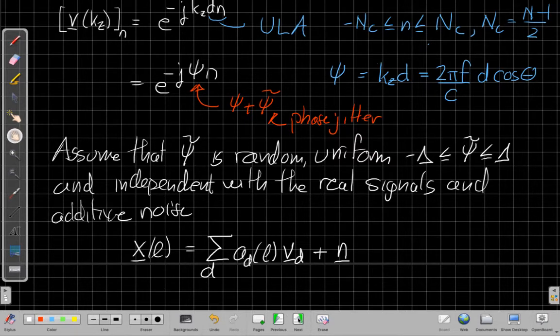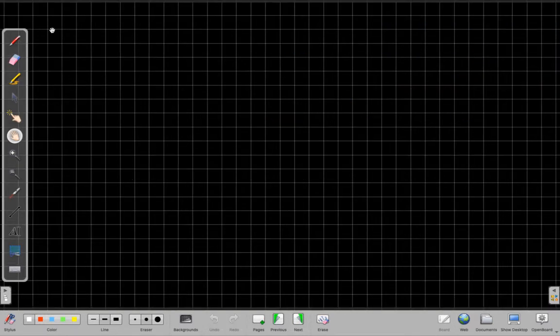So what we're going to do now is look at how we could take that tapering into account, or how we could consider that noise as a kind of random shading, a random taper vector, right?